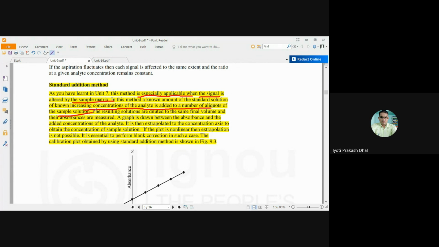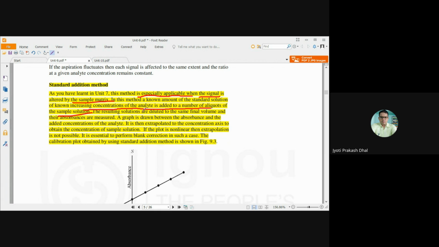That means we must know what amount of analyte will be added to each of the aliquots of the sample solution.